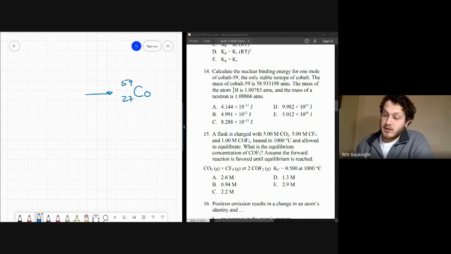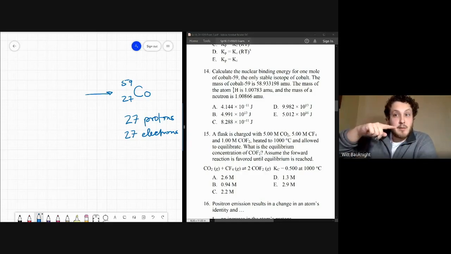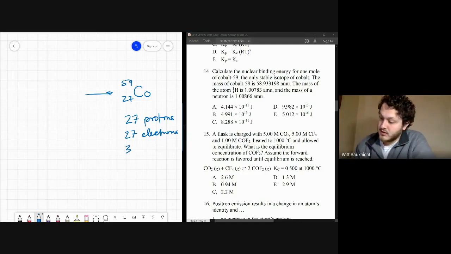So in cobalt, we know that there are 27 protons because of the atomic number. That means there's also 27 electrons because this is a neutral compound. And then to figure out how many neutrons, well, it's the difference between the atomic number and the mass number. That's 32 neutrons.